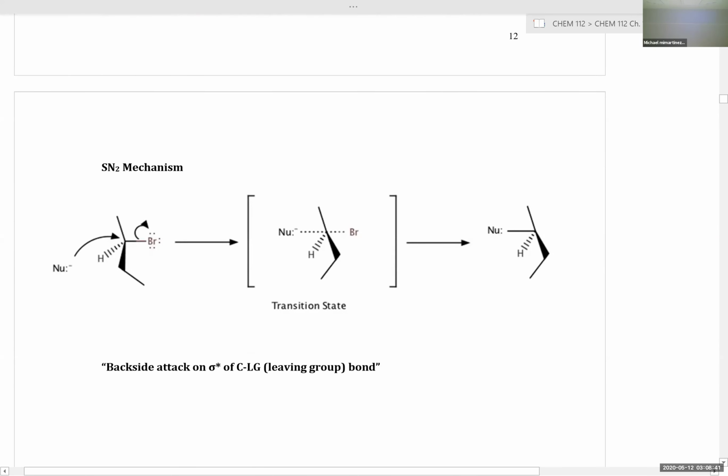And this is revealed quite clearly in the mechanism for the SN2 reaction, where we have our nucleophile attacking our electrophilic carbon and our leaving group leaves. So the nucleophile attacks, and our leaving group is displaced.